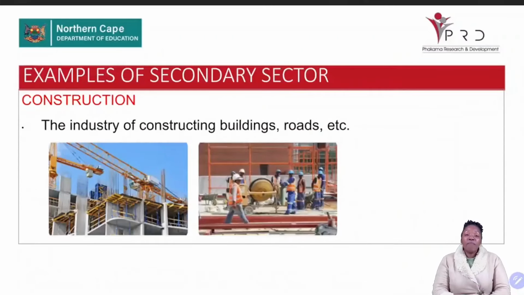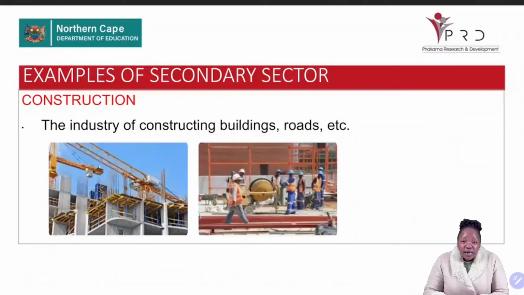The second example, we said we have construction as an example of a secondary sector. When we're talking about construction, these are the industries that build our buildings as well as construct our roads. Hence you can see in the picture, they are busy with a certain building there. If you see those structures, obviously there will be many floors in that building.